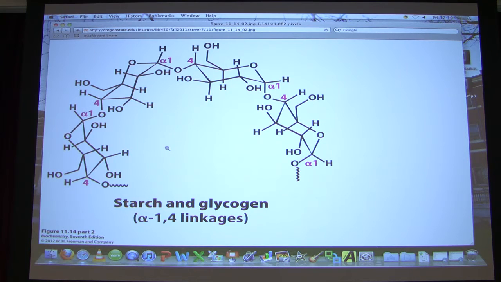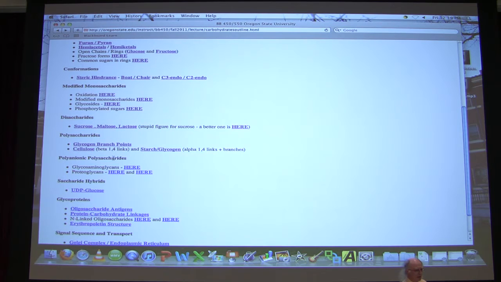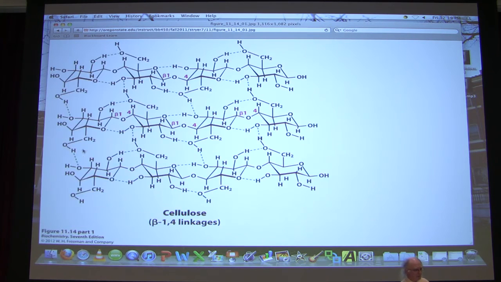Now, if we look only at the alpha 1,4 bonds, we see these can form nice circular helices. They're kind of cool looking. These are a little bit like a related compound known as cellulose. Cellulose is a plant polymer. It's a polymer, again, only of glucose. But instead of having alpha 1,4 linkages, cellulose has only beta 1,4 linkages.